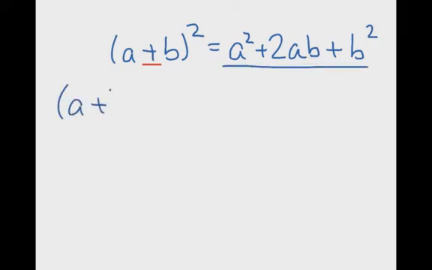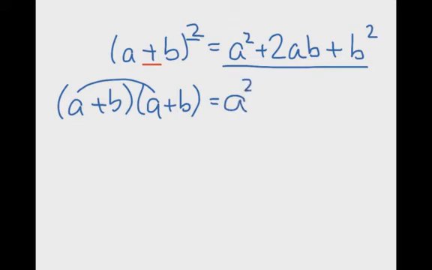So we have a plus b times a plus b because it's squared. Then we take a times a to give us a squared, plus a times b, plus a times b.